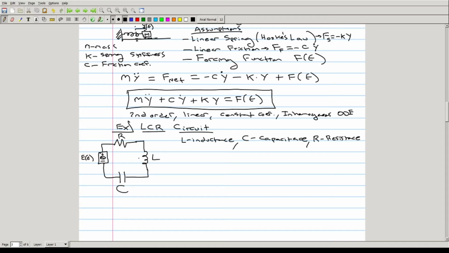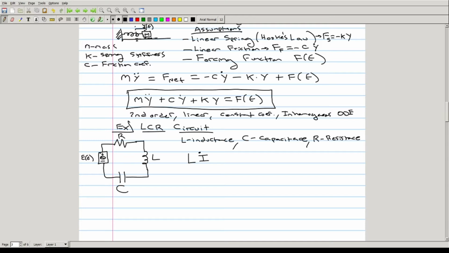The differential equation that governs the current flow through such a circuit can be obtained using Kirchhoff's laws, Ohm's law, and the law relating the current for the capacitor and the current for the inductor. But when this is done, you end up getting a second order differential equation.